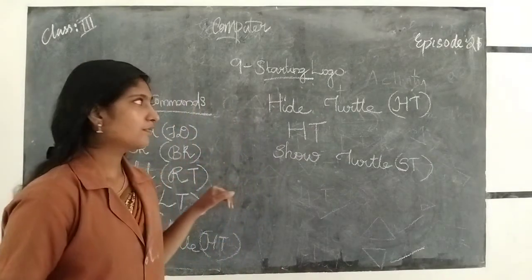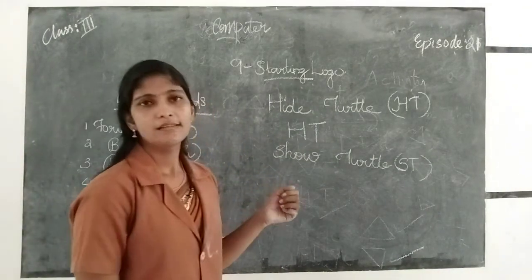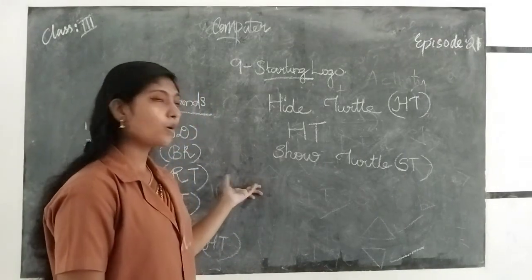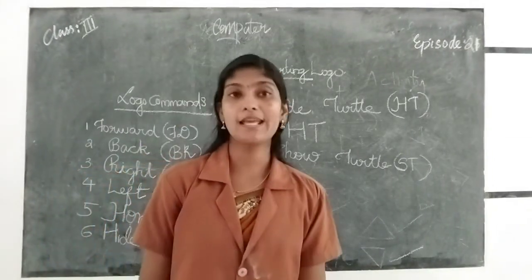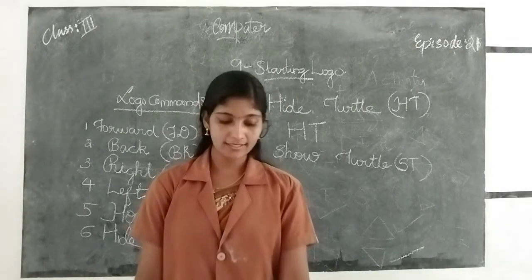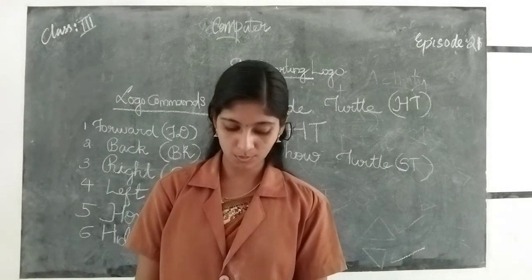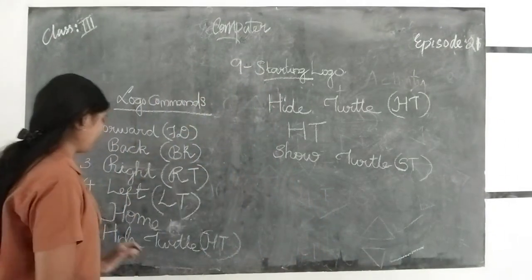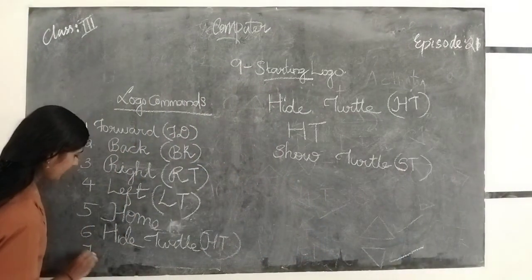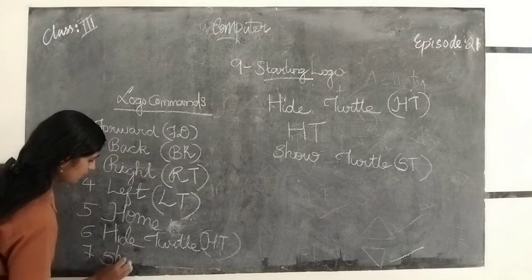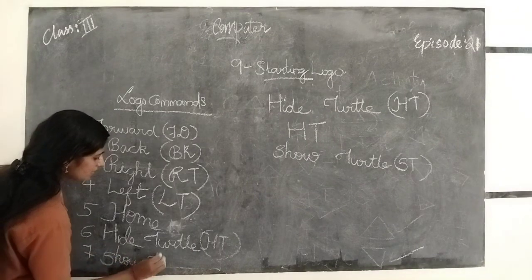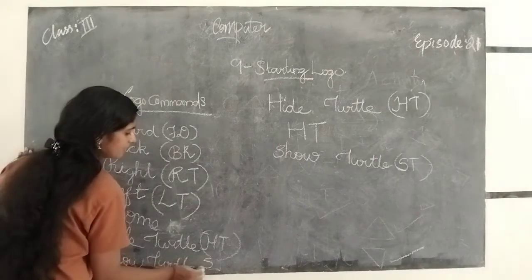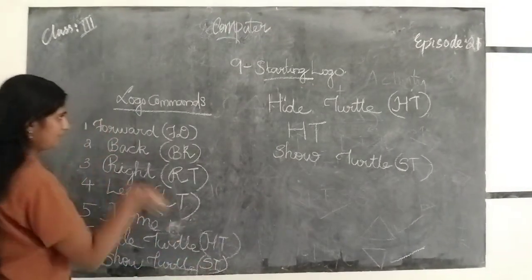ST. After hiding the turtle, if you want to show the turtle again, we use the ST command. So the ST command is used to show the turtle if it is hidden. So the seventh one is show turtle, that is ST.